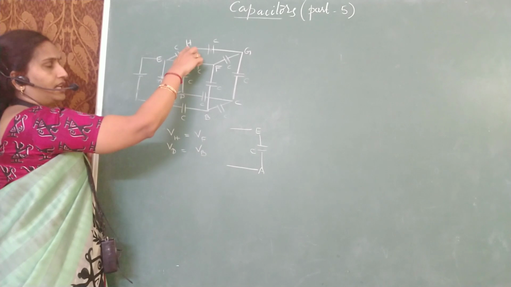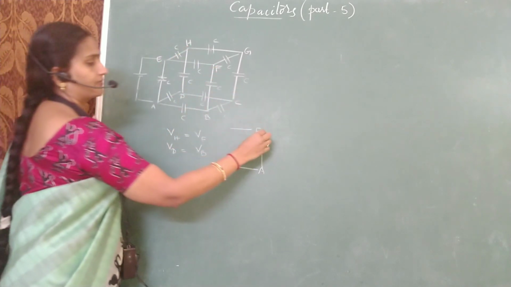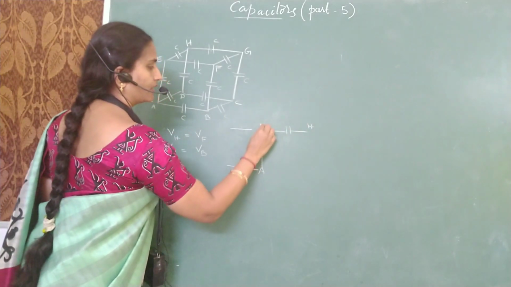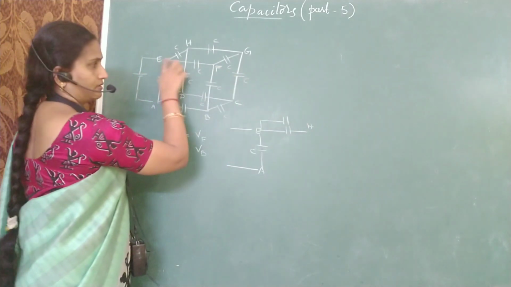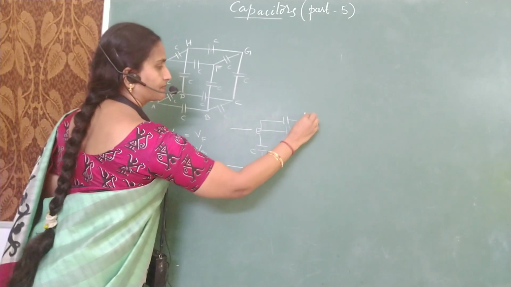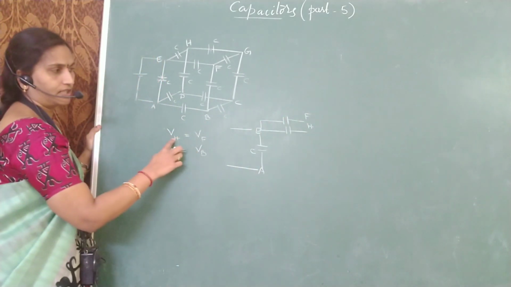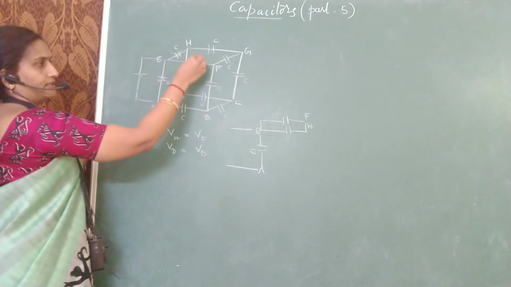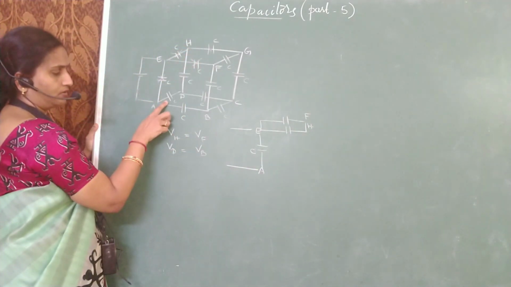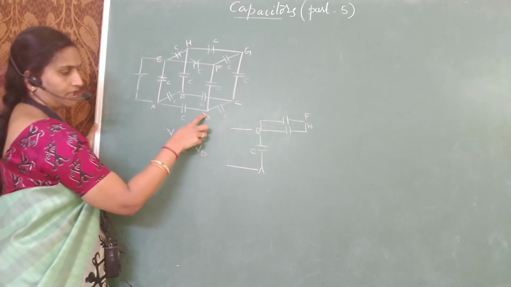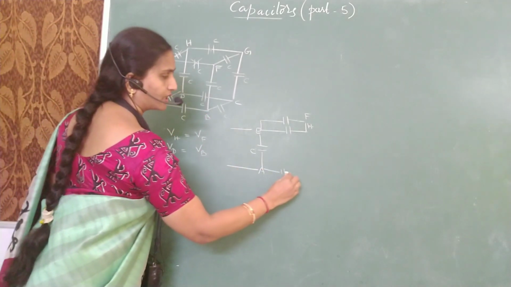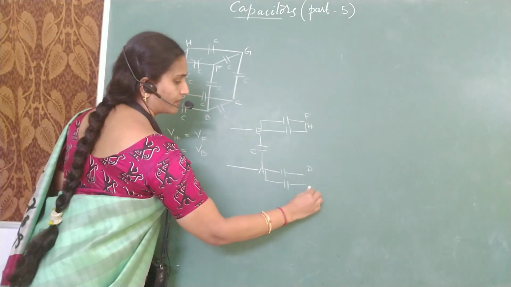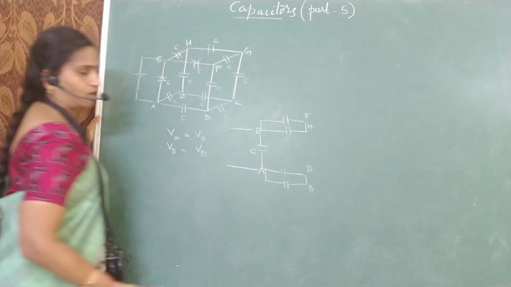Then from E, we have a capacitor towards H and F. E to H, E to F. And see, H and F are at the same potential, you can join them. Come down, A to D, A to B, two more capacitors. These two are at the same potential, join them.